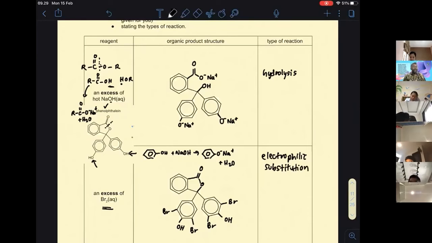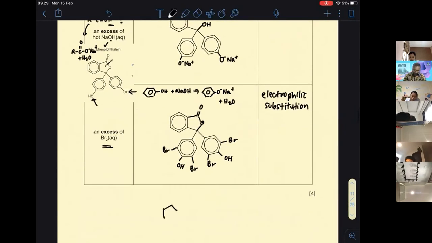Like for example, if you want to change benzene to become nitrobenzene, there are options. The mechanism is electrophilic substitution, then this is going to be nitration. So should I write the type of reaction is nitration or electrophilic substitution?